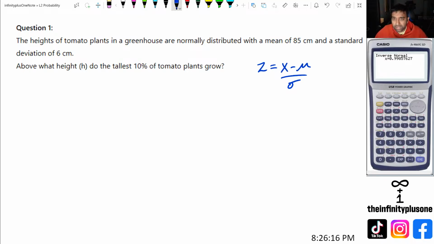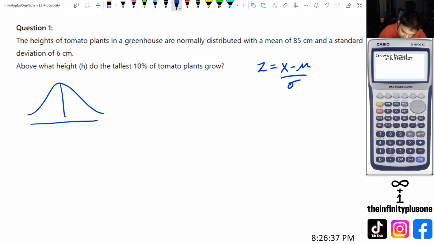All right, so let's start going through this. We've got height of tomato plants, and then they're distributed with a mean of 85 and standard deviation of 6. Now, we kind of need to draw a diagram. I always like drawing a diagram because it makes sense to me.